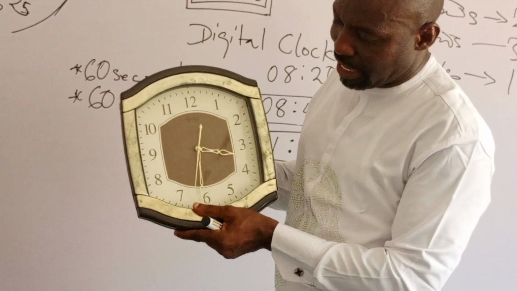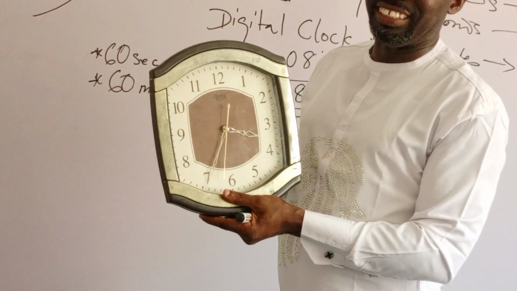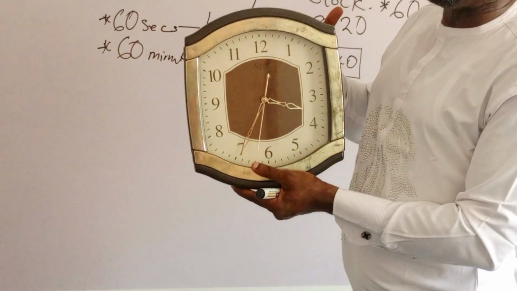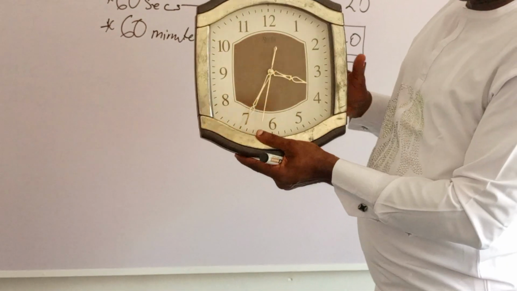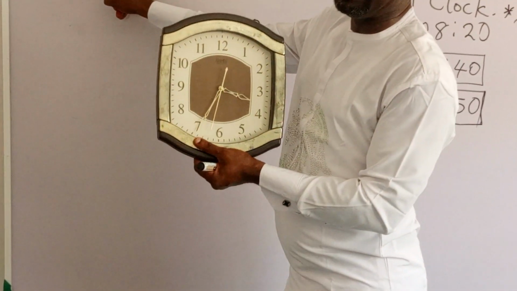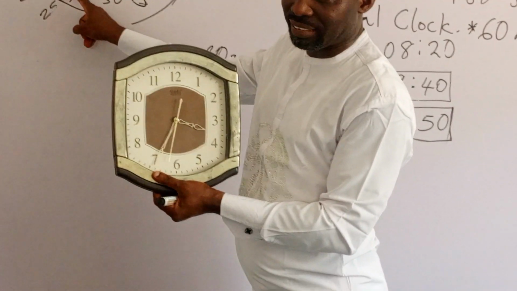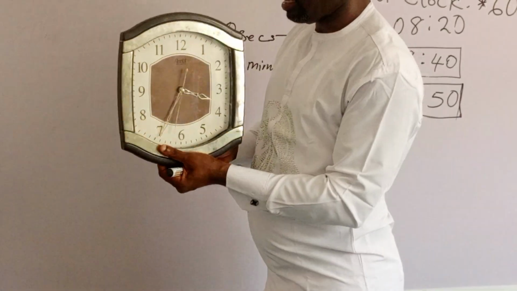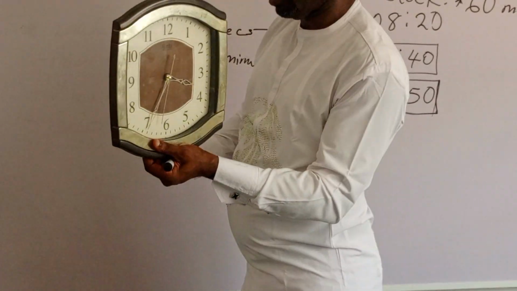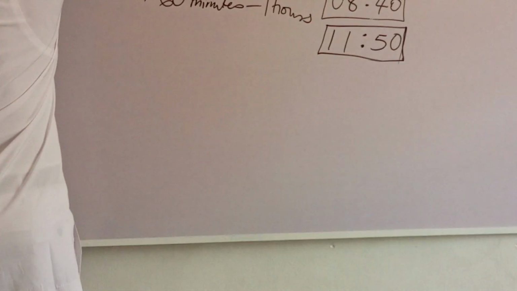Then it moves again. What do we have? 25 minutes to 4. 25 minutes to 4. So at this point, it's supposed to be 35 minutes past, but we don't say 35 minutes past. At this mark, the clock is divided into 2 equal halves.